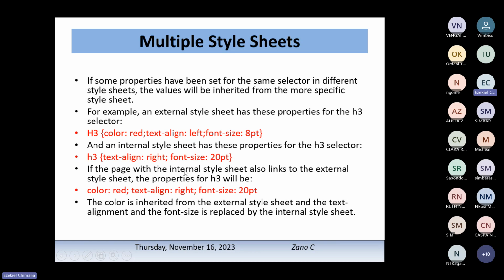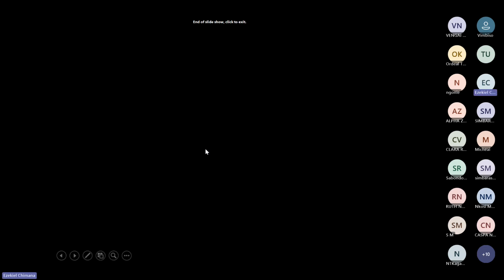But if you look at this one, the external has left, but the internal has right. So it will take the right, and then for the font size, it will take this 20, not this 8. So that's it on CSS.